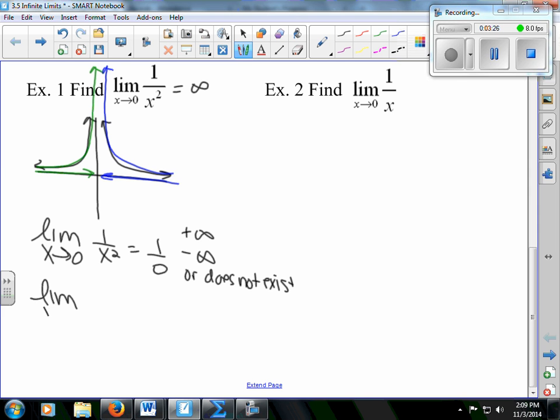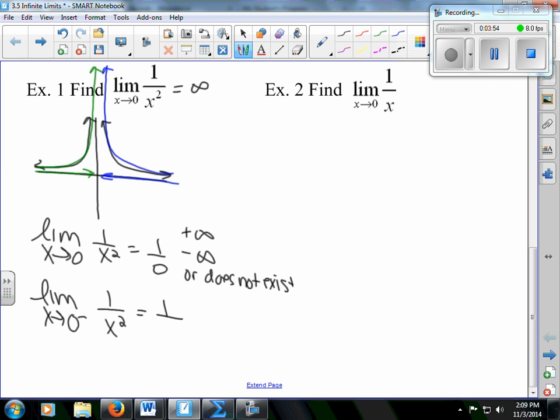So I'm going to break this down and first do the limit as x approaches 0 from the left. When I plug in a number very close to 0, but on the left side, I have to be careful there, because yes, I'm plugging in a number so close, it might as well be 0. But there are two types of numbers that are really close to 0, but not yet 0.